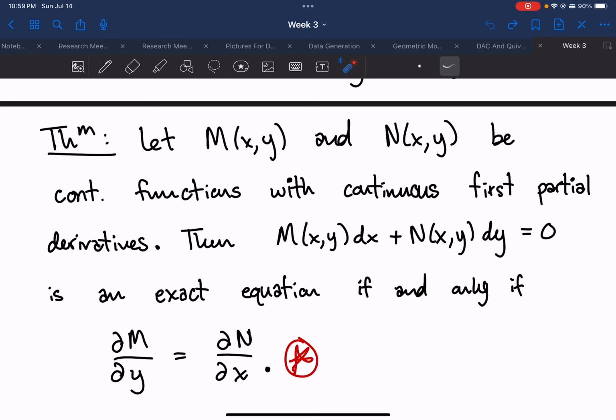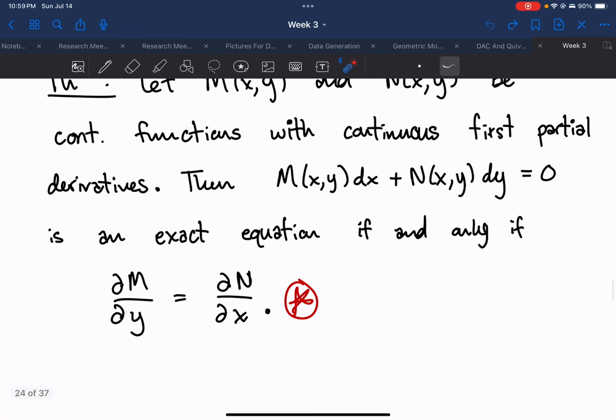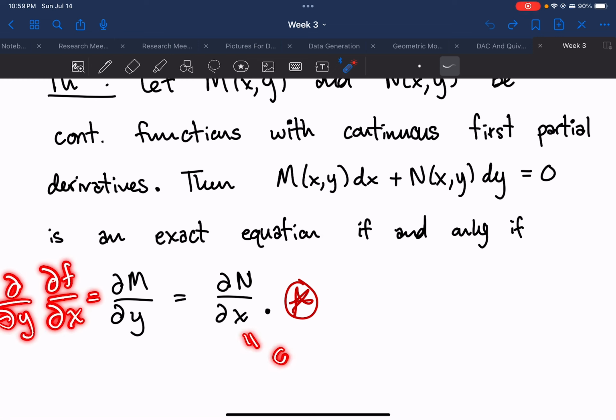Remember, this is the derivative with respect to y of the derivative of f with respect to x, and this is the derivative with respect to x of the derivative of f with respect to y. If this is the case, then these cross partials should be equal, if you remember from Cal 3.